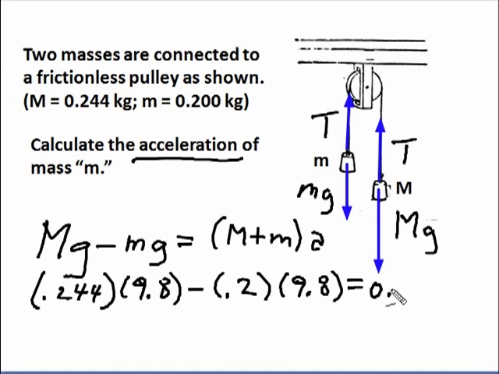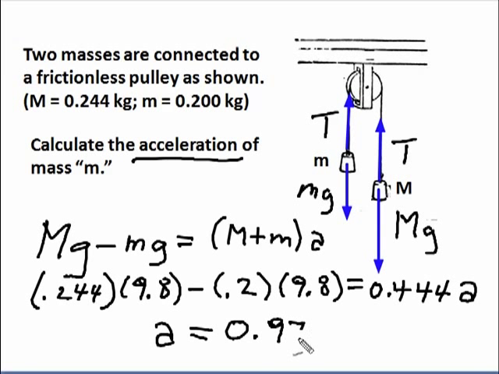And I'll write that down. And we multiply then by a. So it's a very simple matter of solving, and you take your calculator and you'll find that a equals, work it out, and you will find 0.971 meters per second squared.